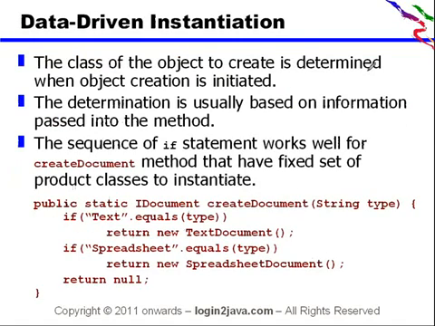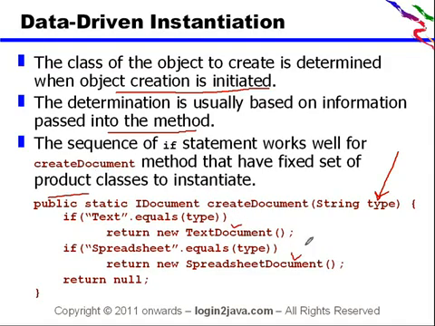Data driven, we have already seen an example. The class of the object to create is determined when the object creation is initiated. The determination is usually based on information passed to the method, like the type of the object that needs to be created, and the sequence of if statements works well for a create document method that has a fixed set of product classes to instantiate.